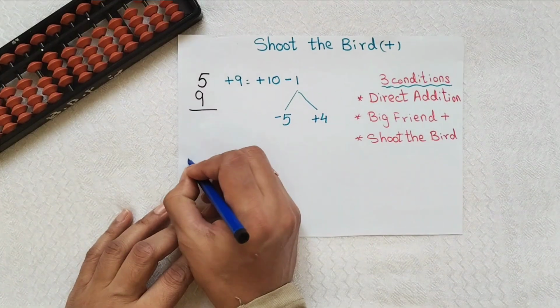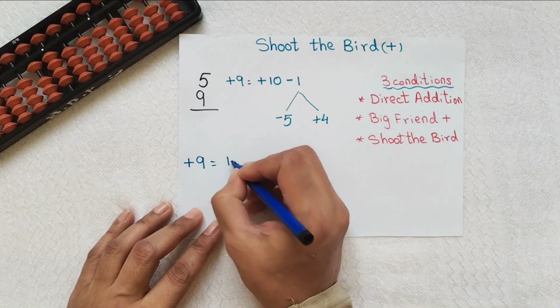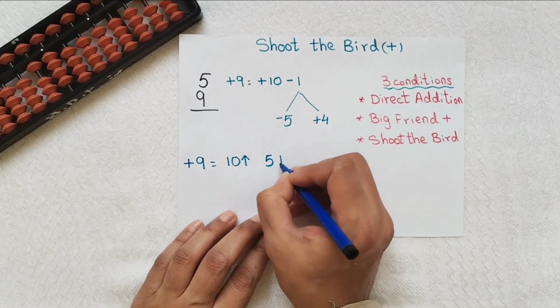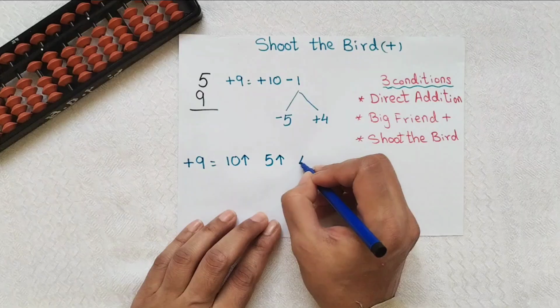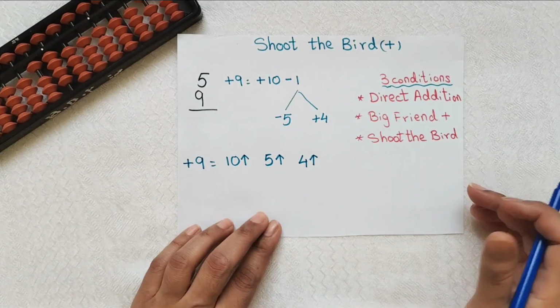Now shoot the bird. What is the formula for it? Let us understand. For plus 9, it is 10 up, then 5 up and 4 up. Let me explain what up means.